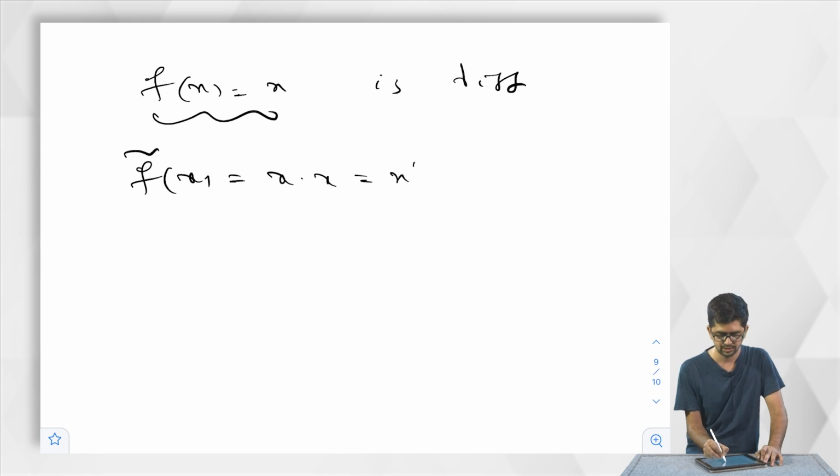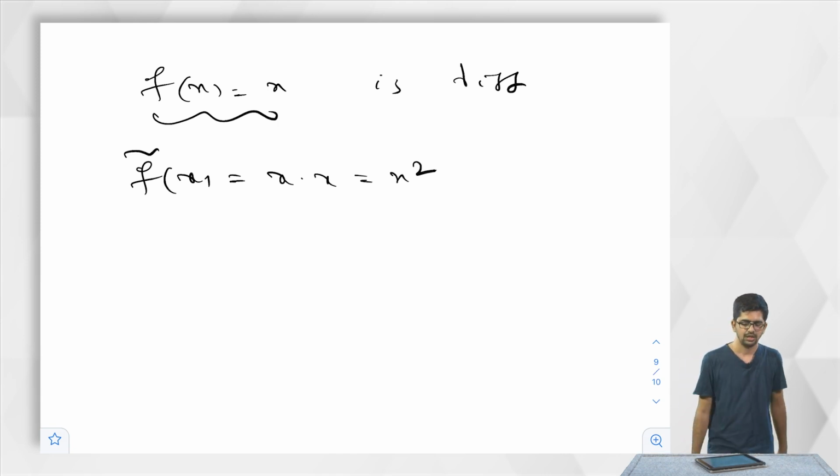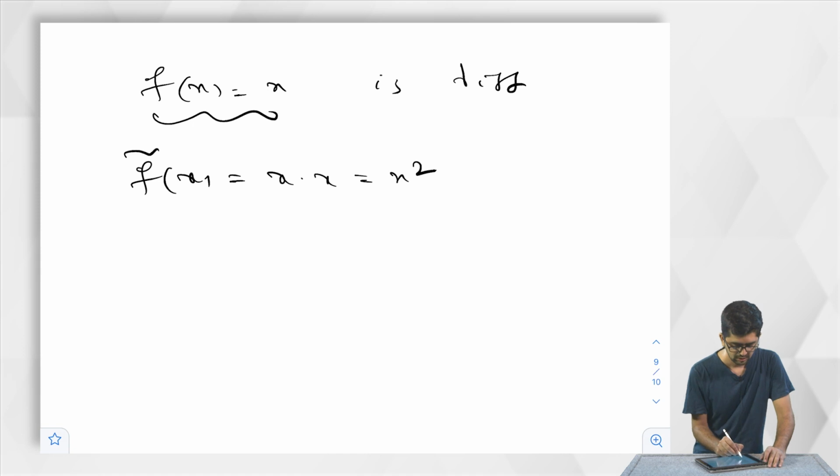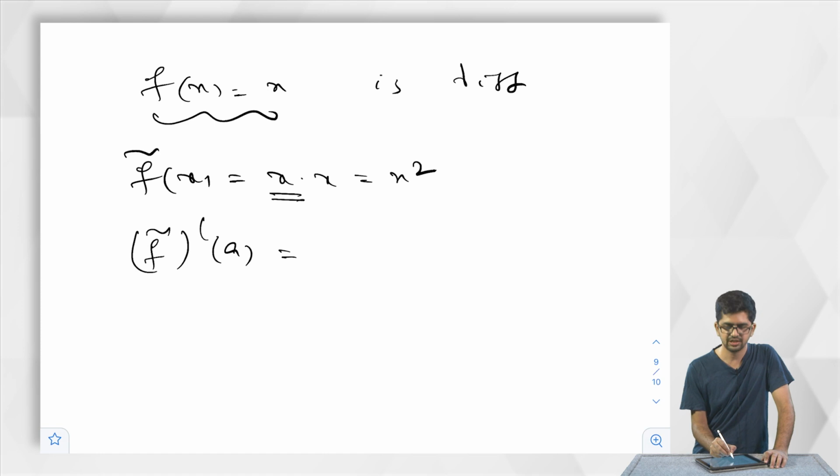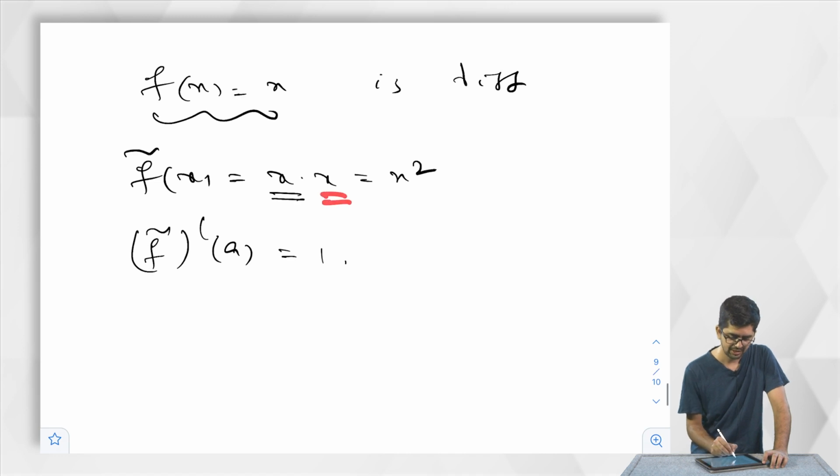This is x square, right? Now what is the derivative of this? What is f tilde dash at a point a? This is the derivative of this function at the point a.